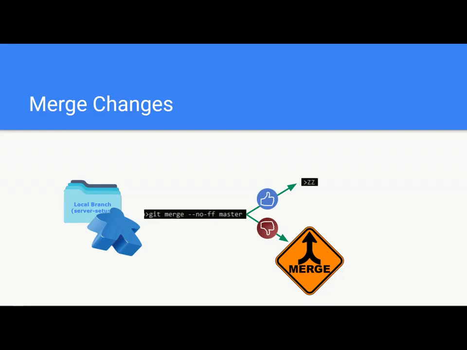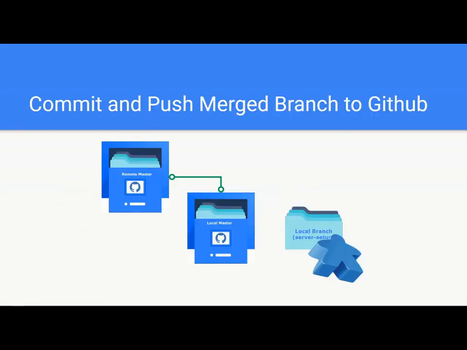This is beyond the current scope of this project, however, as each of you are working on your own subset of files. If your merge shows that no conflicts exist, you can clear the terminal by typing 2 capital Z's and pressing Enter. Otherwise, you're just going to have to go through the merge process.